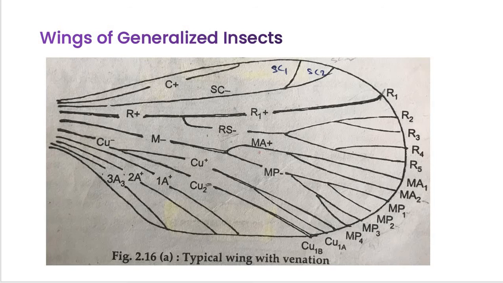Hind wings are very delicate, thin and transparent as compared to the forewings. Such wings are also called membranous wings, and they are protected by means of the forewings.